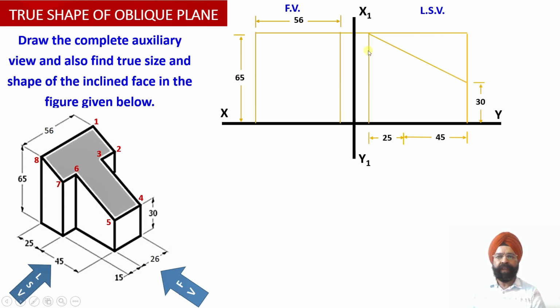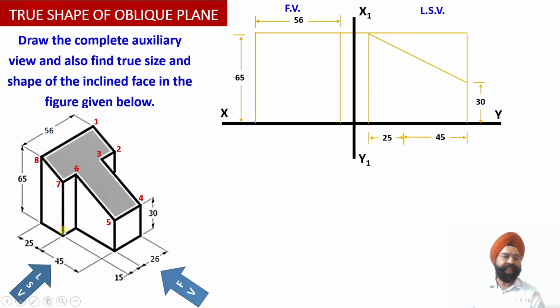So we can check here the height, it is equal to 65 millimeter, whereas on the front side, the second end of this inclined section surface edge view will be lying at a height of 30 millimeter from the base. So this way the edge view has been obtained.